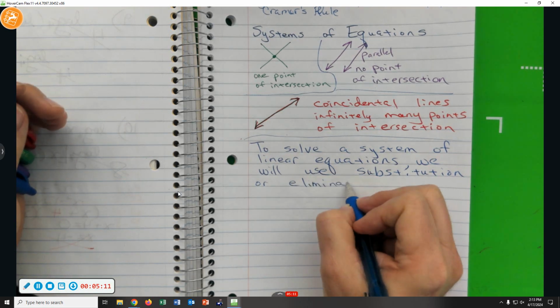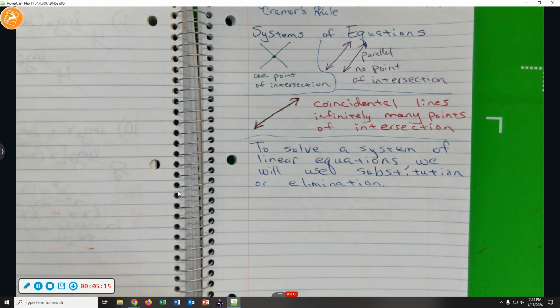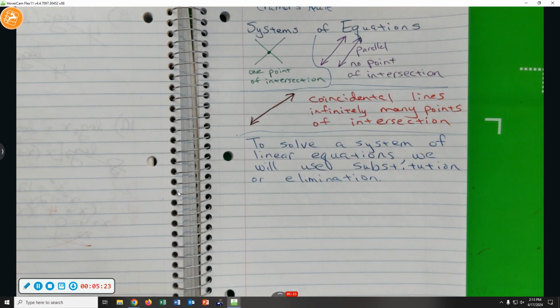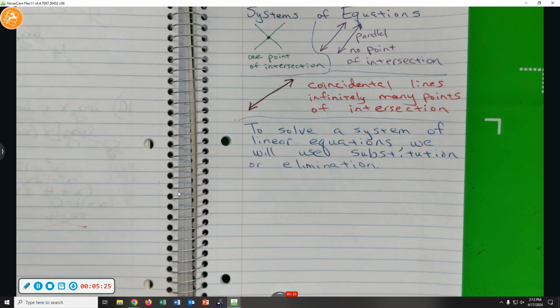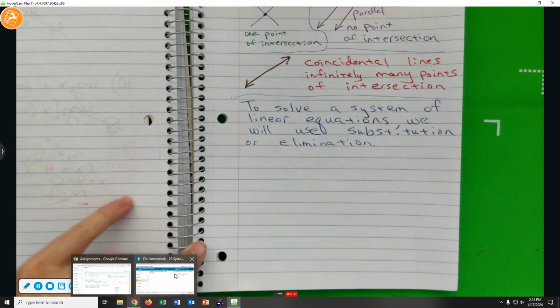By the end of the class, you're going to know a new method, an advanced method that uses matrices and determinants. But the two basic methods of solving linear systems, or any system of equations, even if it's not linear, are substitution and elimination. So let's look back at that number 1.